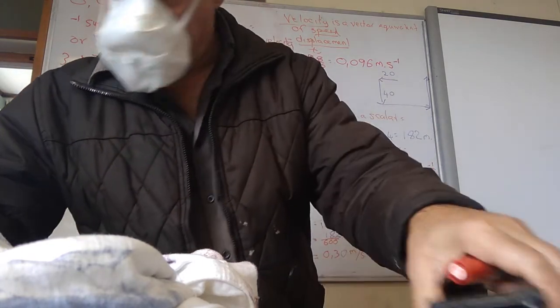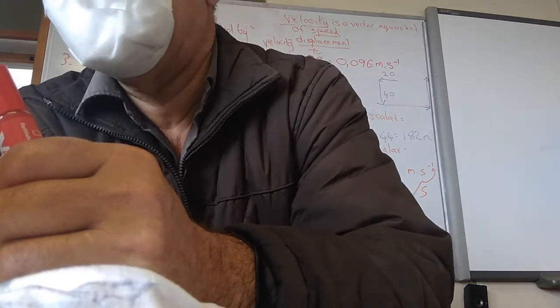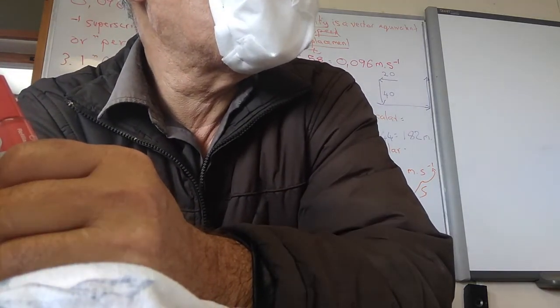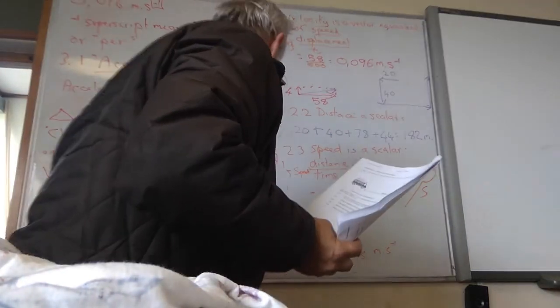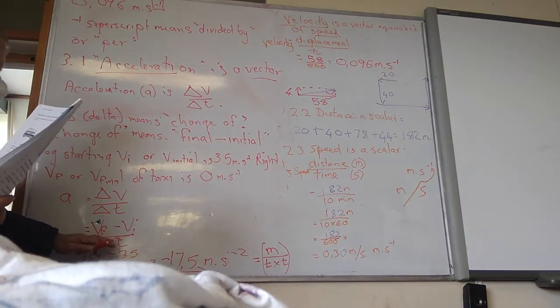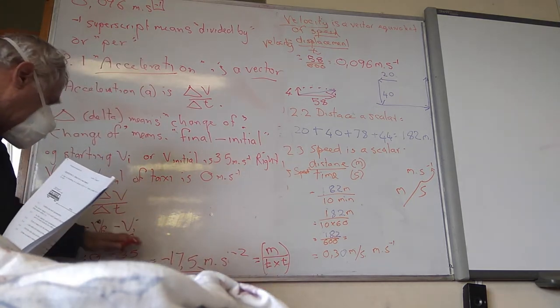So, say for instance it was divided by 3, would it be m·s to the minus 3? No. Read the top, so you see 17. At the bottom 17.